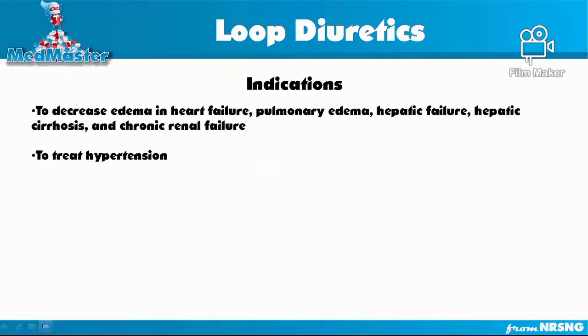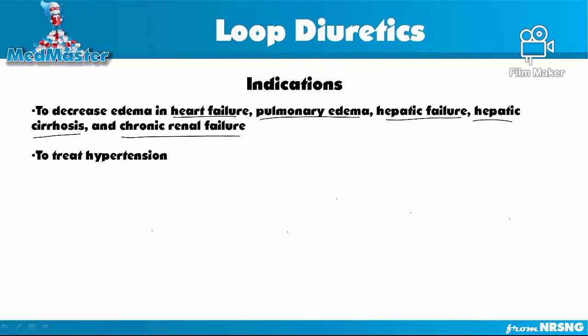Now, indication. Because of this, it excretes water. It can be used for the prevention of edema. We can use this medication to prevent the edema that happens in heart failure, pulmonary edema, hepatic failure or hepatic cirrhosis, or chronic renal failure.